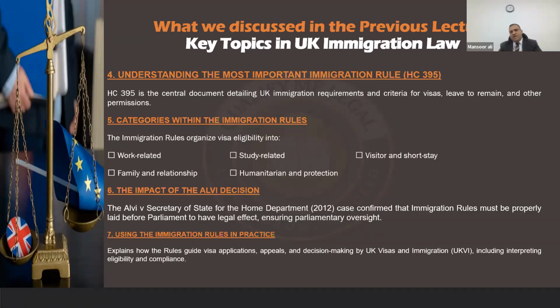And thereafter, at the very end, we discussed what a pre-action protocol notice is, how to prepare a pre-action protocol notice under CPR rules, and how to file an appeal. These were the topics which we discussed in our last session.